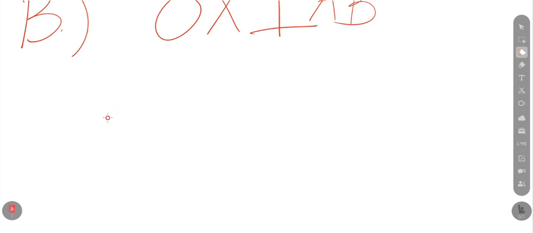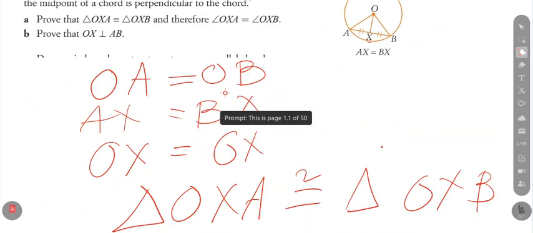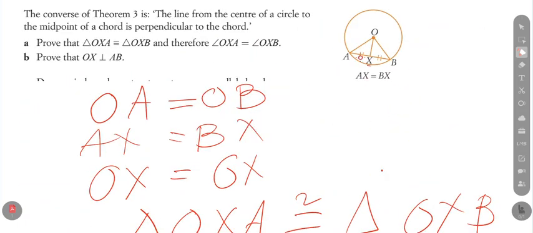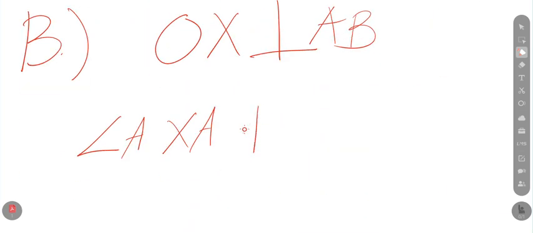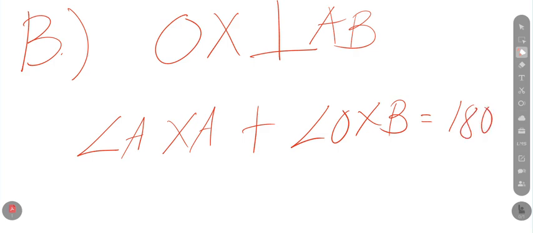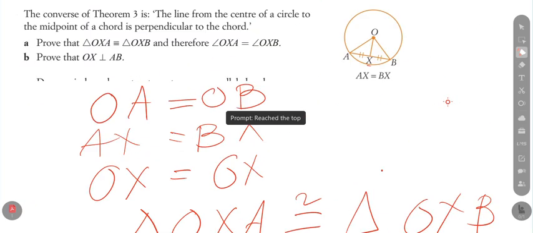Do they make 180? First we find angle OXA, which you can see in the figure, and next we add it to angle OXB. That gives us a total of 180 degrees.